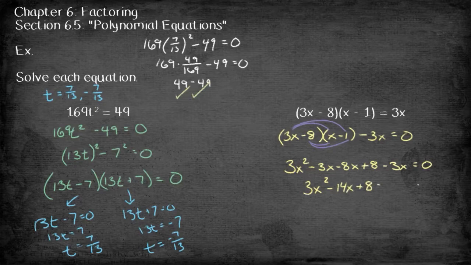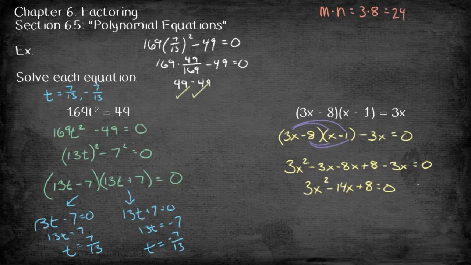equals 0. Now I can use this AC method that we talked about because we got a trinomial and the coefficient of the squared term is not 1. So let's see, I need now two numbers, m and n, so that m times n is equal to, so it's AC, right? 3 times 8, which is equal to 24.